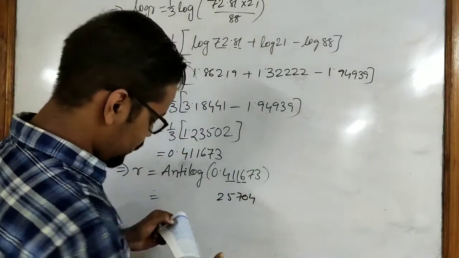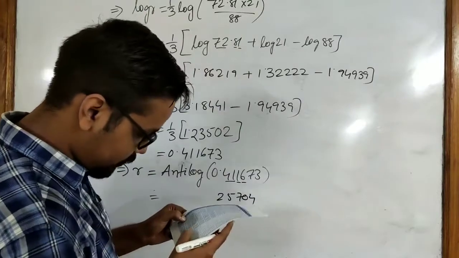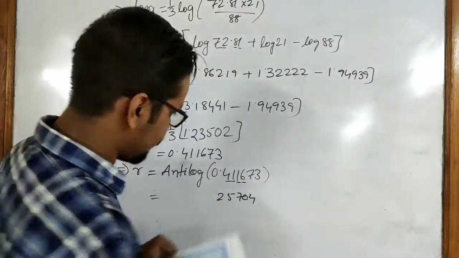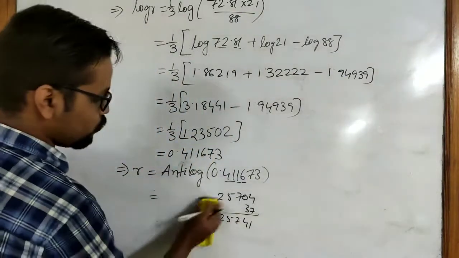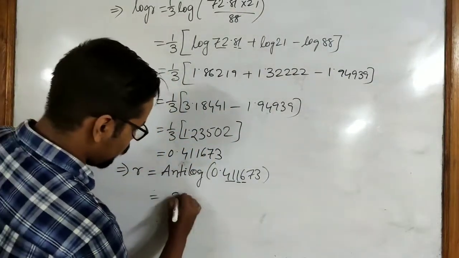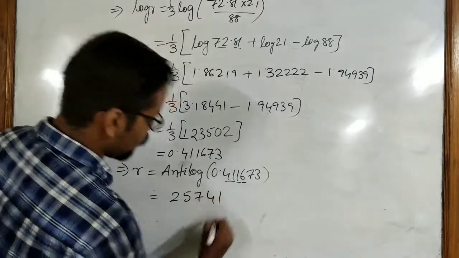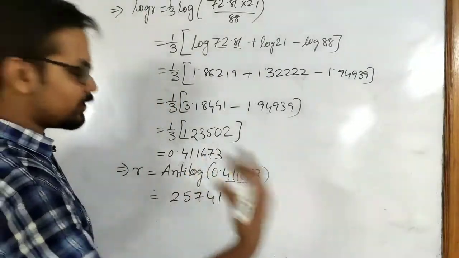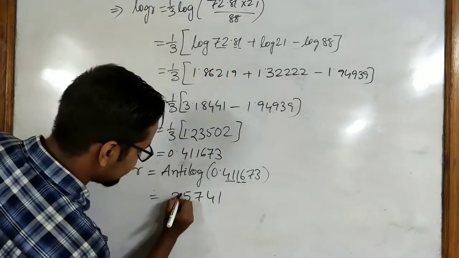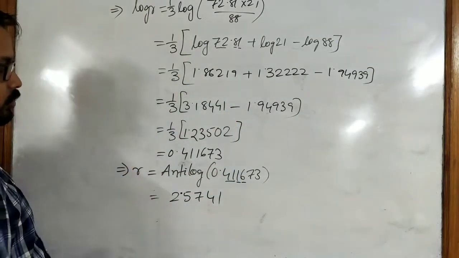We need to find number 6, 41, number 6. Number 6 is 37. So it is 25741, and since the characteristic is 0, it is 0 plus 1, that is 1. So after 1 digit. So that is what we have.